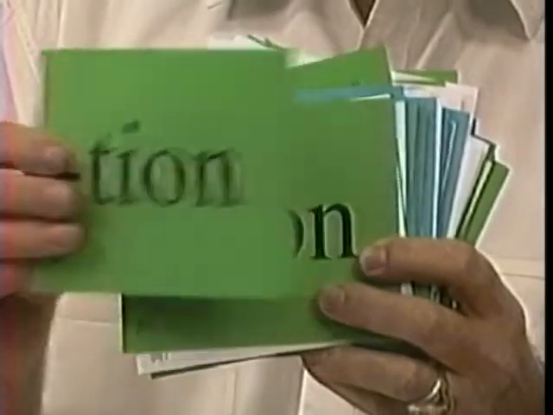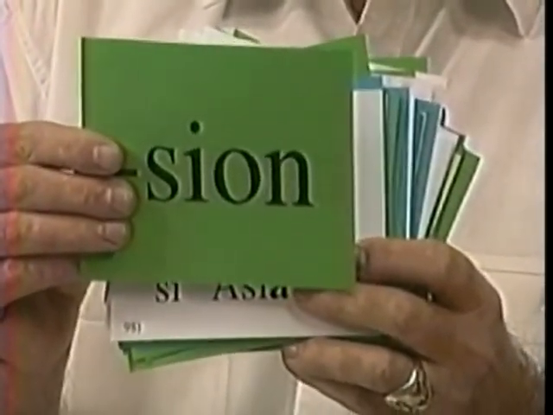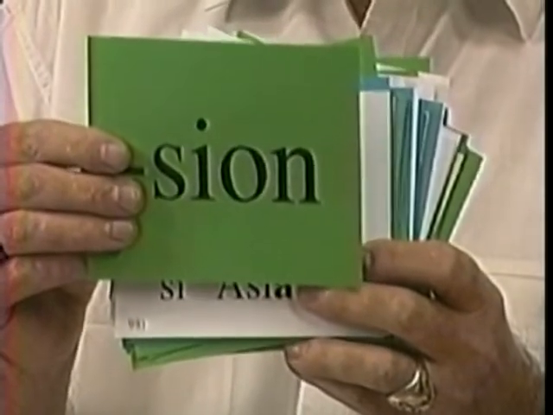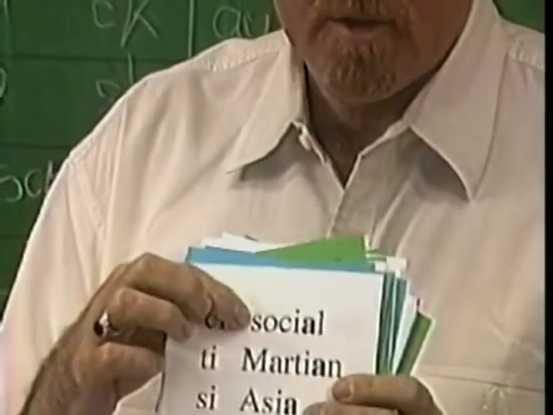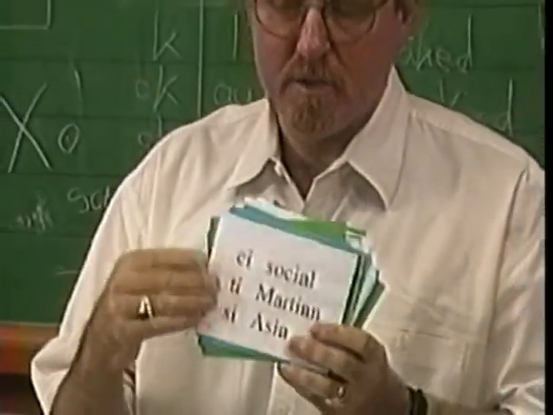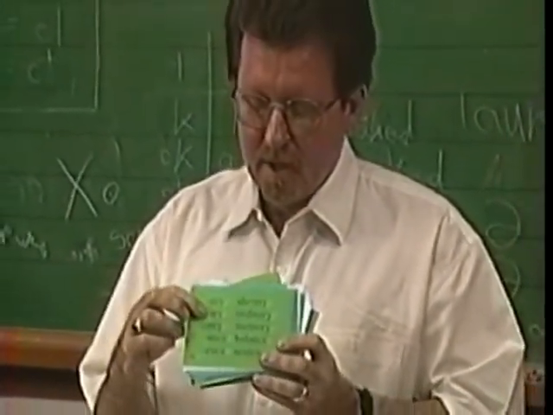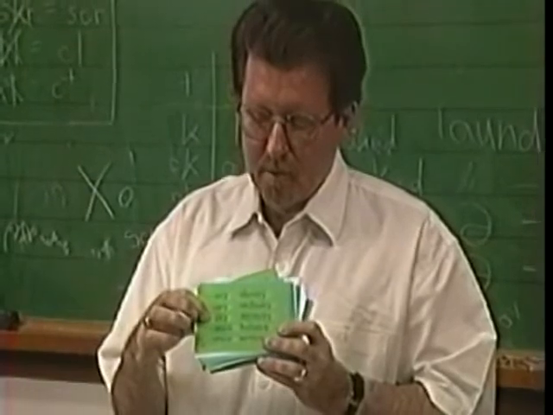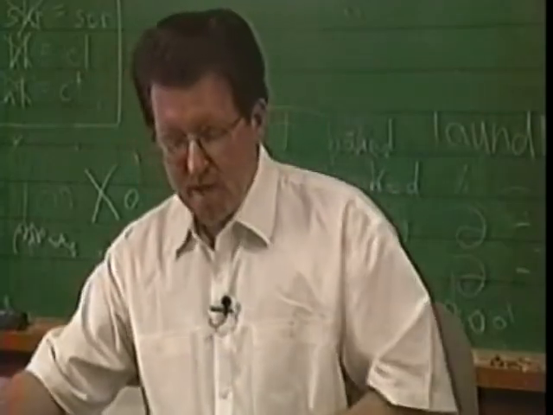Question, chun. 2 sounds of T-I-O-N. Mansion, shun. Vision, jun. Shun and jun. Sh, social. Sh, Martian. Zh, Asia. Ury, slavery. Ary, ordinary. Ory, memory. Ance, balance. Ence, sentence. So those are the sounds in the program.